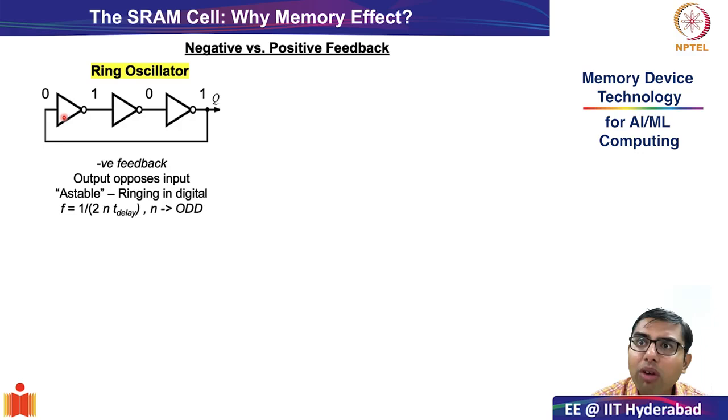Okay. So what will happen is the same cross-coupled inverters, you can now say that this is inverter 1, 2 and 3. Why are they called cross-coupled?